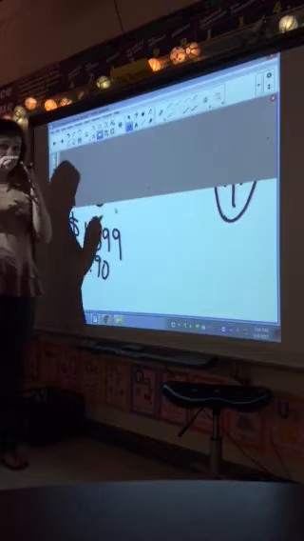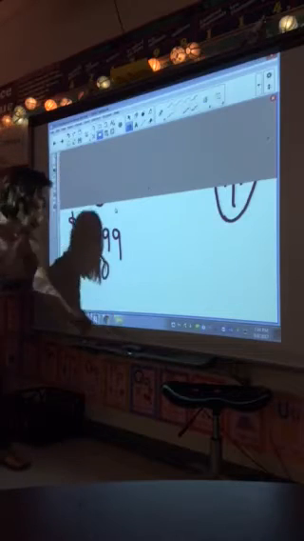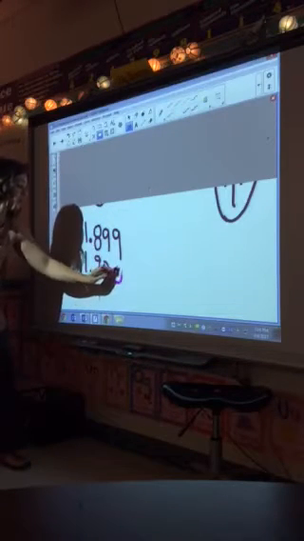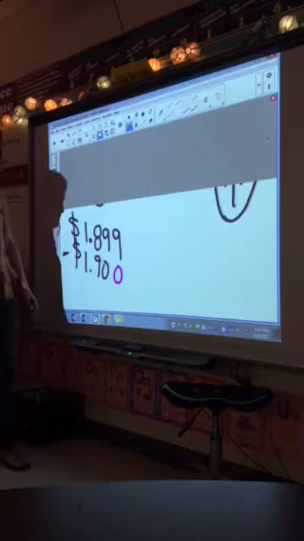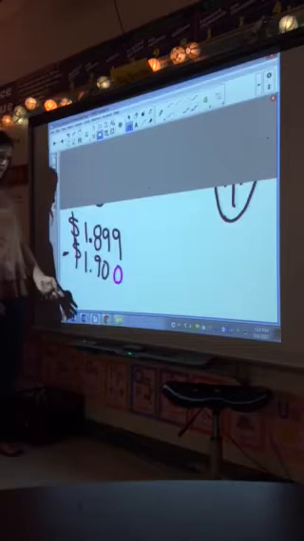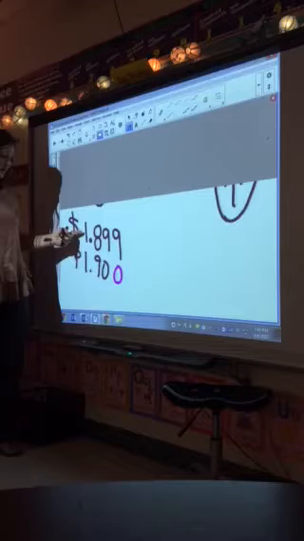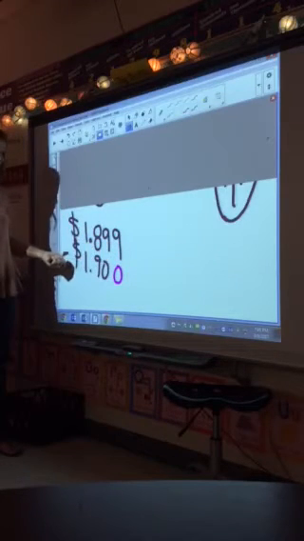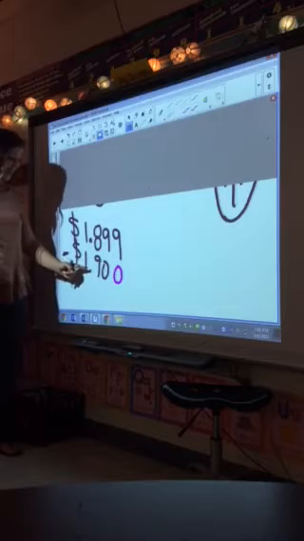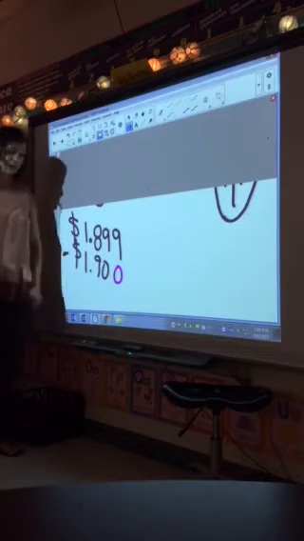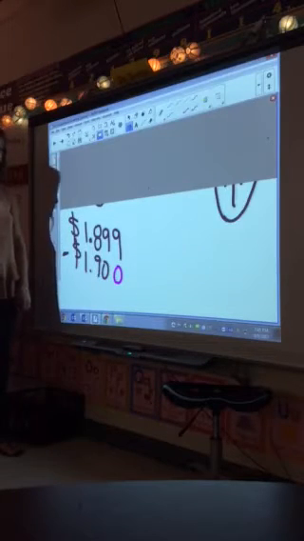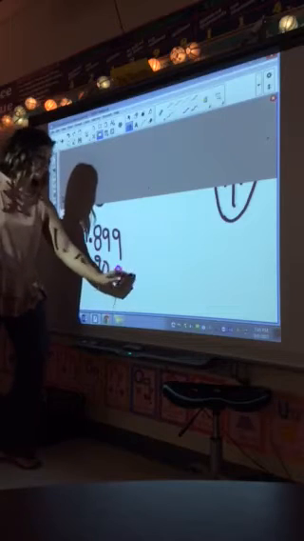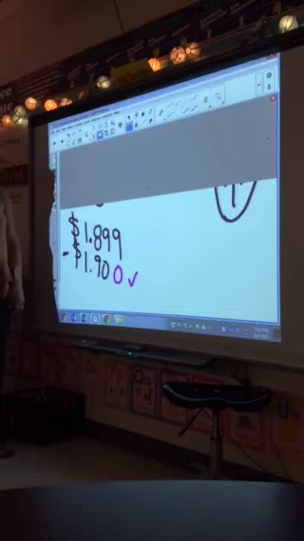That's right, a 0. So I'm going to simply put a 0 in that thousandths place. And now if I look at this number, I'm seeing 1 and 899 thousandths compared to 1 and 900 thousandths. Now it's pretty clear for me to see that, oh, this is the bigger number here.